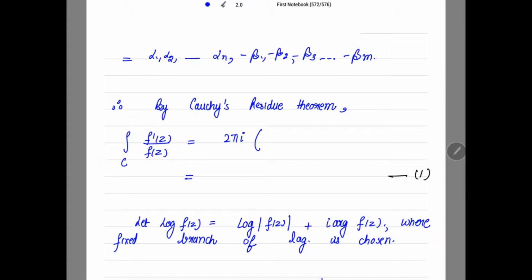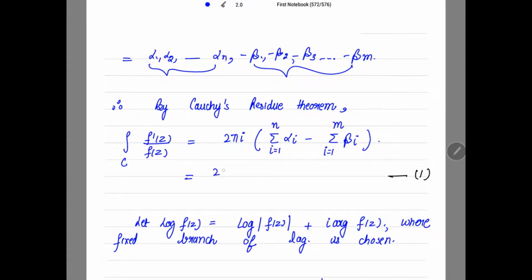The sum of the residues means we take the summation of alpha i, where i goes from 1 to n, and also the summation with a negative sign of beta i, where i goes from 1 to m, right?